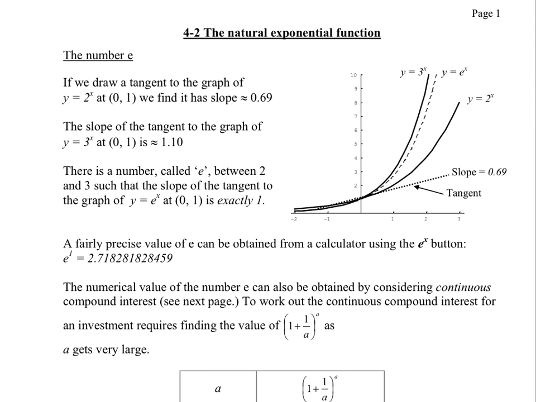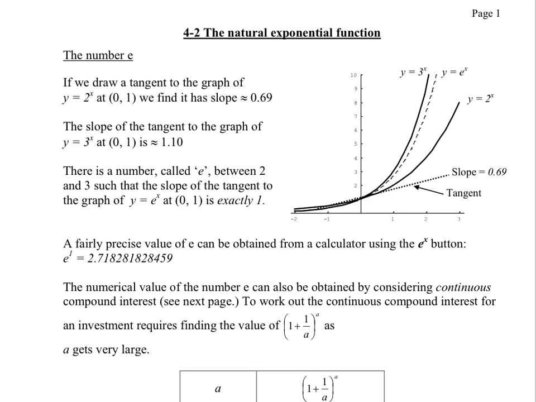If you look at the slope right here of y equals 2 to the power of x, it's just 0.69. But the slope of y equals 3 to the power of x is 1.10. It so happens that if you have y equals e to the power of x, the slope at this point, at (0, 1), is exactly 1.